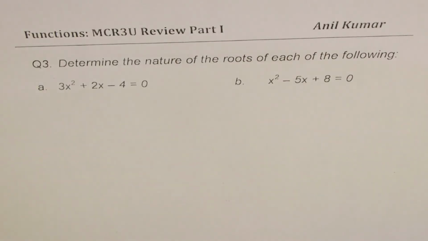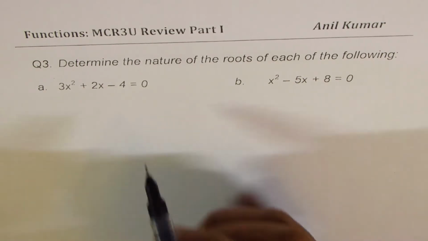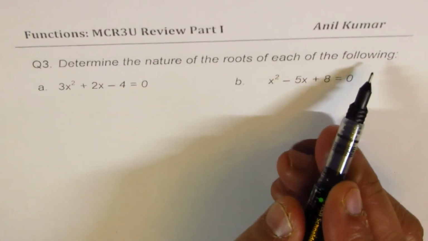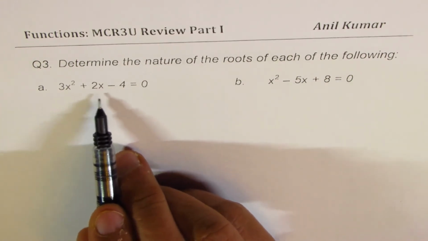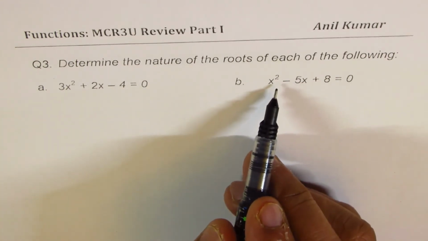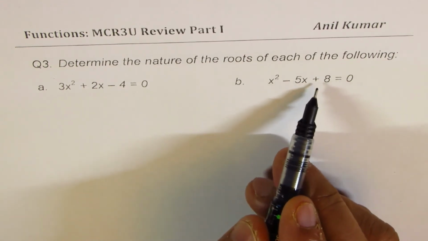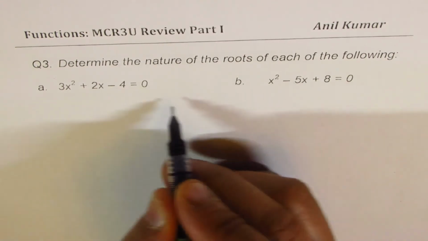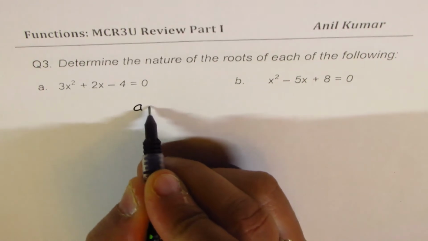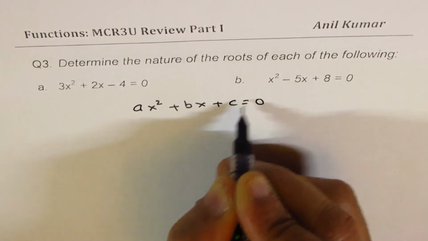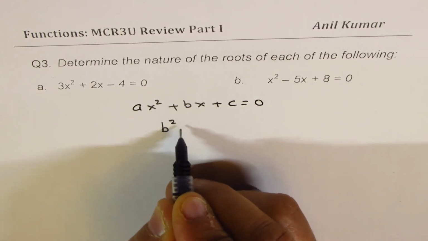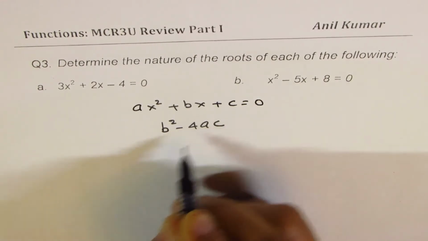Let's move on and take up question number 3. Determine the nature of roots of the given quadratic equations: 3x squared plus 2x minus 4, and x squared minus 5x plus 8 equals 0. Basically, if the equation is ax squared plus bx plus c equals 0, we are looking for b squared minus 4ac.